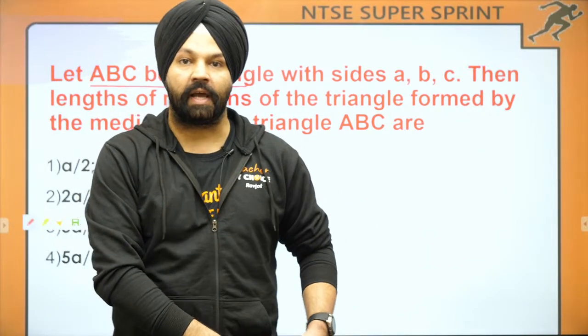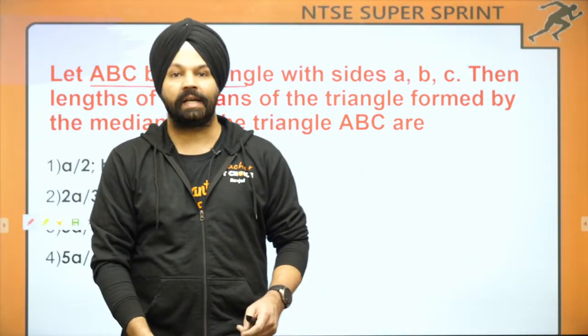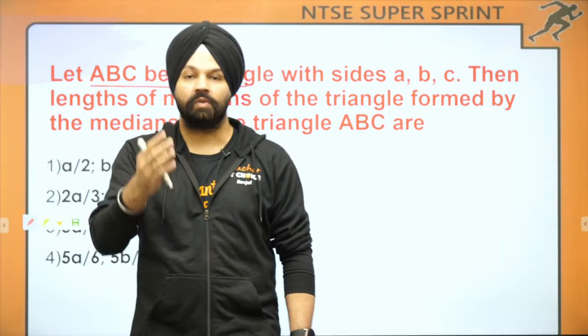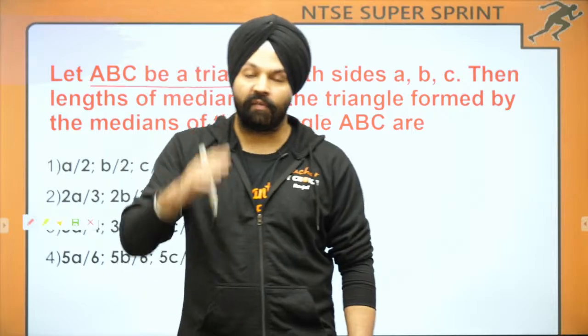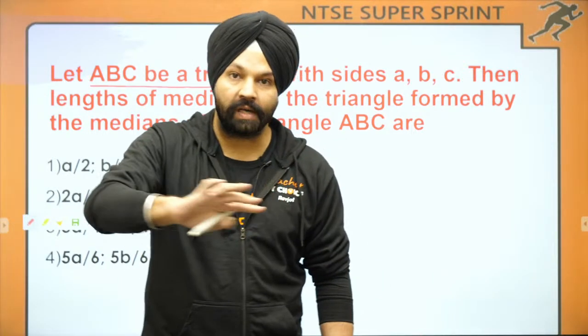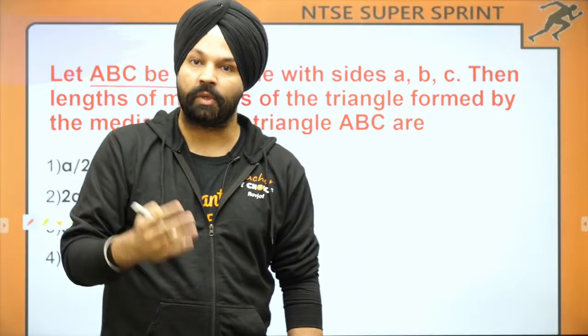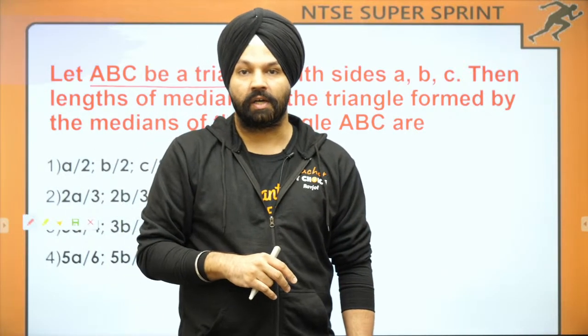If it can be any triangle, it is good to assume that it is an equilateral triangle. Whatever we solve will be true for all triangles. And if it will be true for all triangles, let's pick the most symmetrical triangle, which is the equilateral triangle, right?